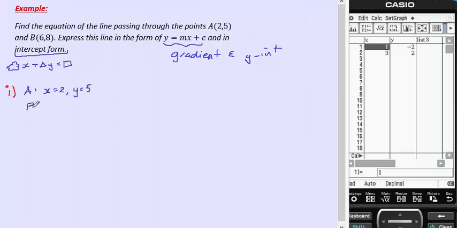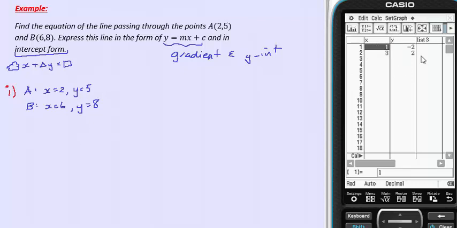And at point B, x equals 6 when y equals 8. And so for my first point, x equals 2 when y equals 5, and my second point, x equals 6 when y equals 8. And you can see these points here match these points here.